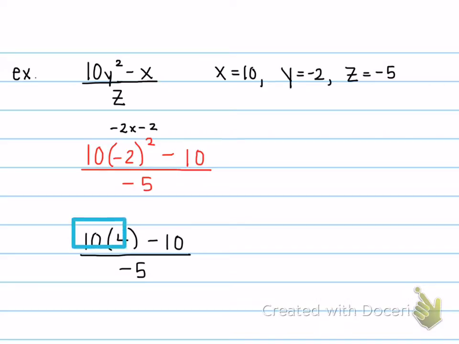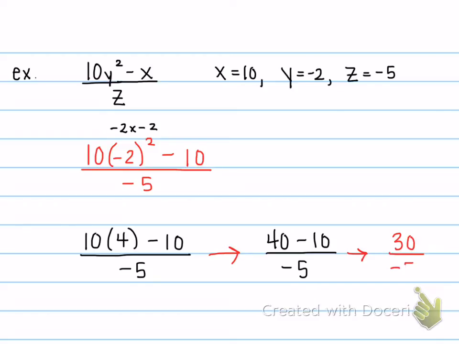I still have to do the multiplication first in the top. So I have 10 times 4, which I'm going to move over here. Sorry about that. 10 times 4 is 40 minus 10 all over negative 5. Still have to simplify the top. 40 minus 10 is 30 divided by negative 5.